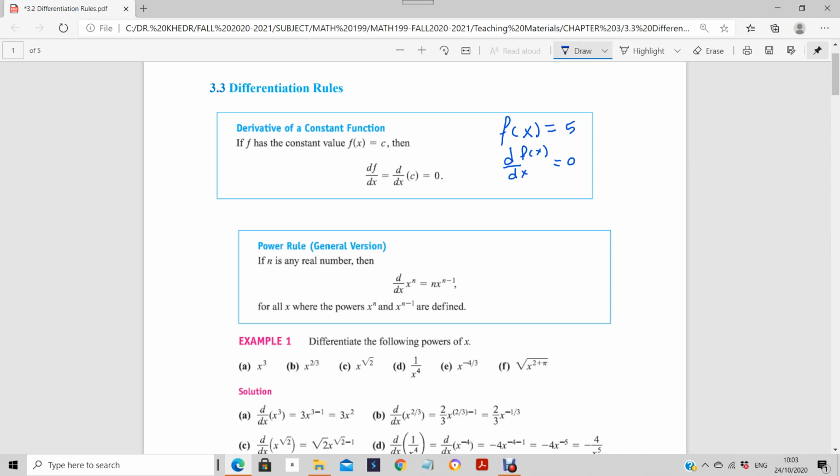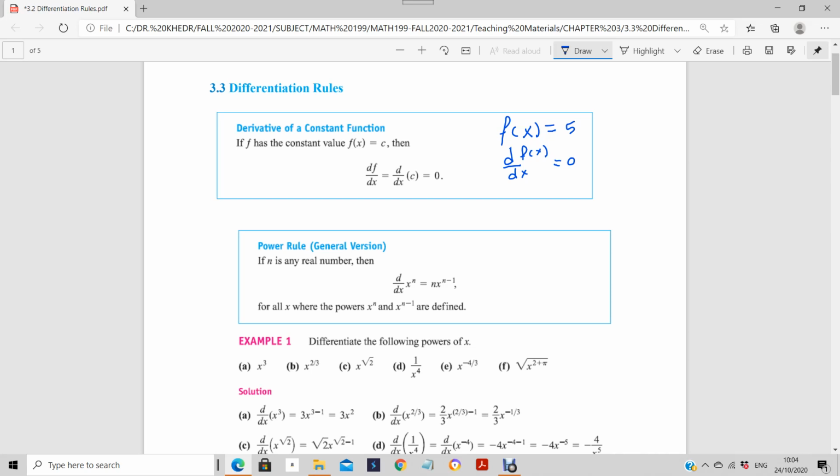The other rule is called the power rule. So if n is a real number, then d by dx of this function x to the power of n equals n multiplied by x to the power of n minus 1 for all x where the powers x to the power of n and x to the power of n minus 1 are defined.